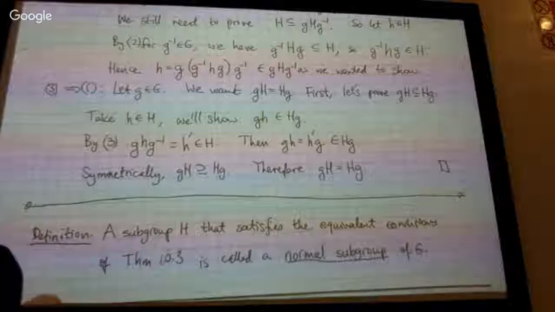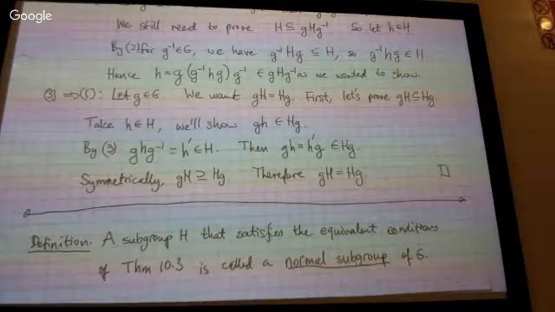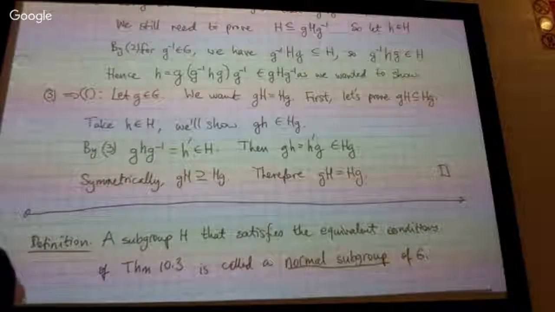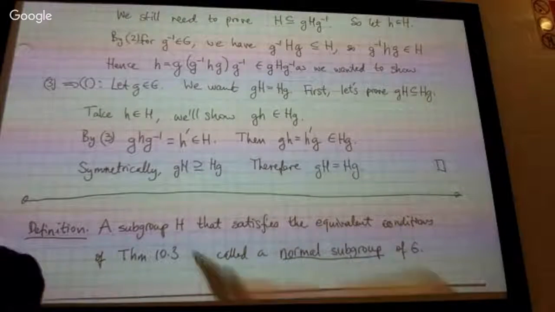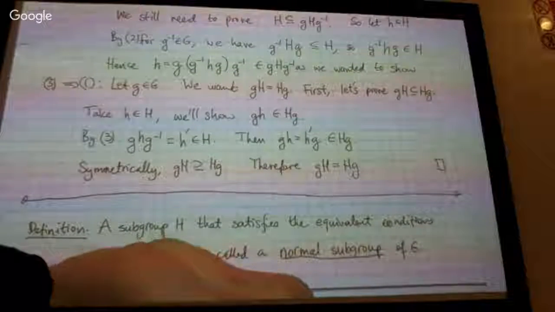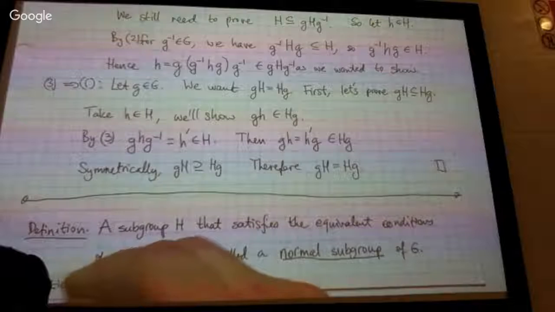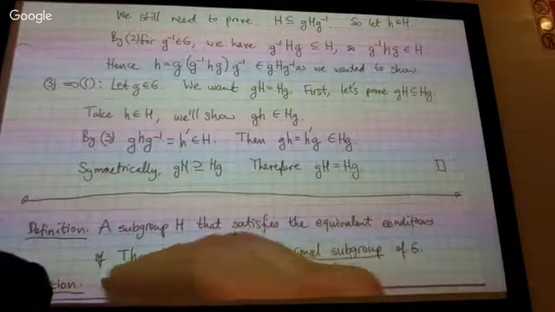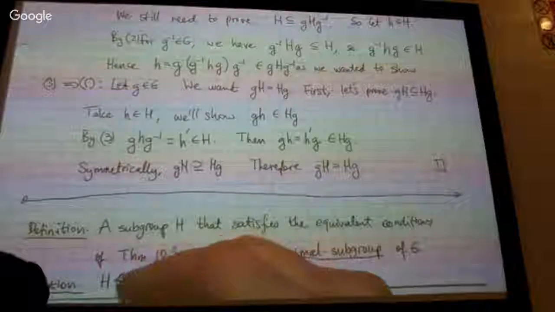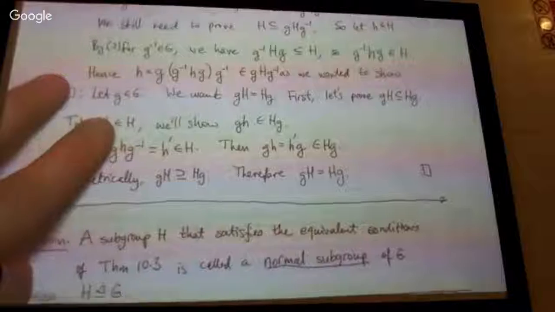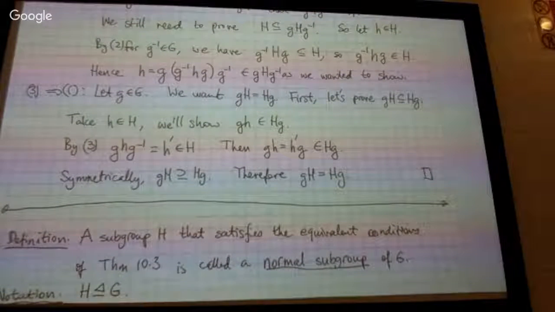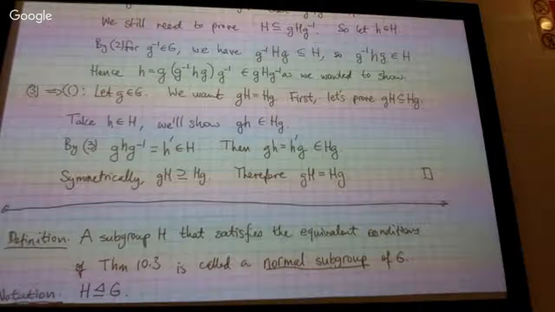Now, usually a normal subgroup, you don't use the letter H, but you use the letter N if you know it in advance. Our book doesn't use this notation, but it's quite common that this is denoted like this with a triangle. So H is less than or equal to with a triangle, like less than.